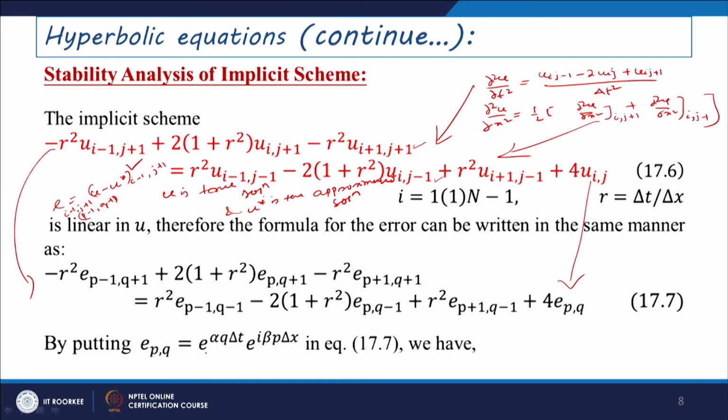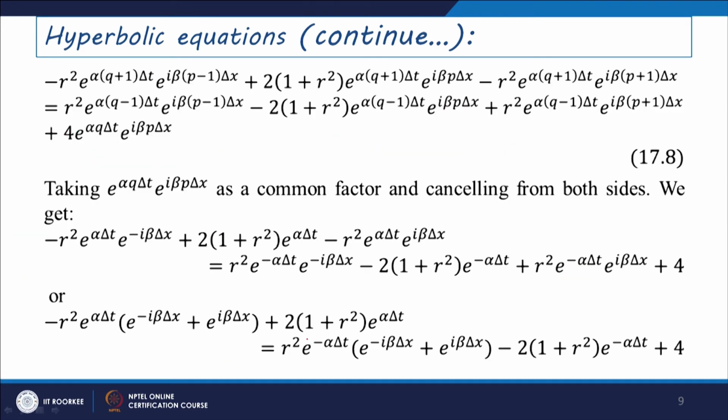So, if you put E of (p, q) equal to e to the power alpha q del t and e to the power i beta p delta x here, then we will have this equation in the form: minus r square e to the power alpha into (q plus 1) del t e to the power i beta (p minus 1) delta x plus 2 into (1 plus r square) e to the power alpha into (q plus 1) del t e to the power i beta p delta x minus r square e to the power alpha (q plus 1) del t e to the power i beta (p plus 1) delta x.